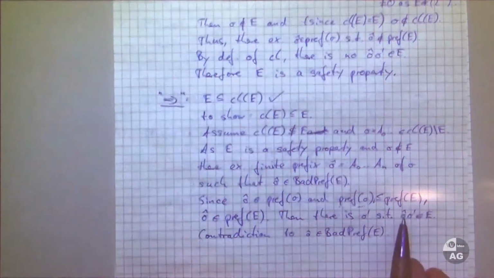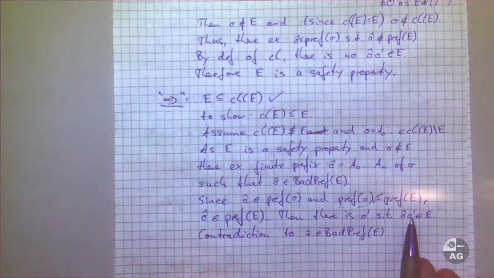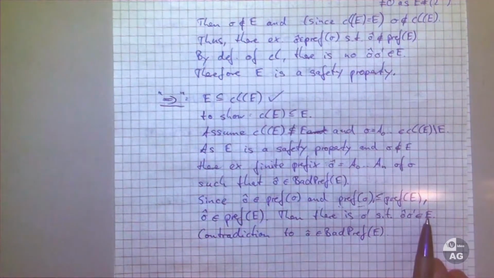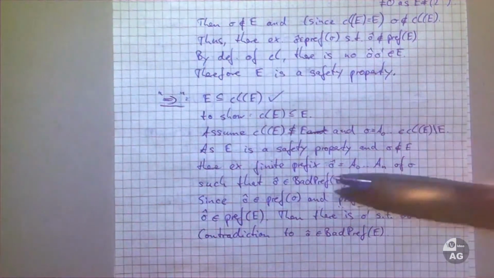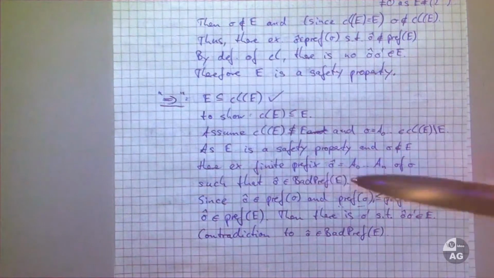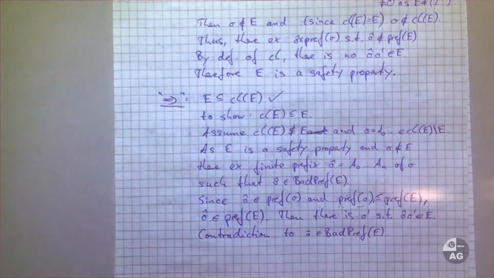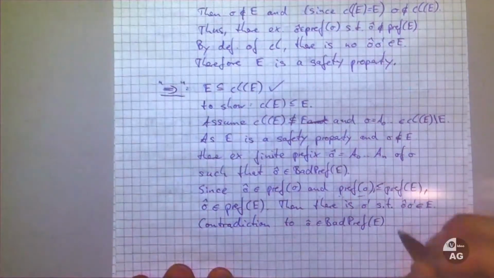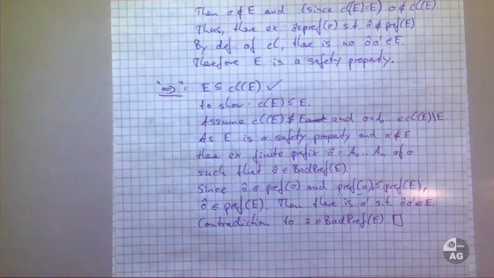We just showed that we found a continuation of sigma head that is in the property, but above we showed that sigma head is also a bad prefix, meaning no continuation is in the property. So this clearly is a contradiction. So we're done here.